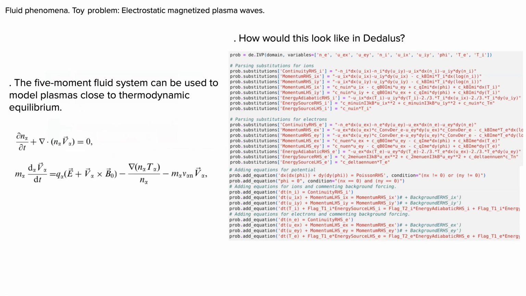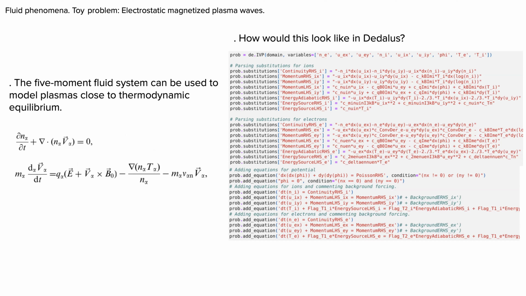We're going to model fluid things. In this case, the toy problem I chose was the 5-moment fluid system for a plasma. So these are the continuity equations and momentum equations that can be solved for both species. And actually, I should have a Poisson equation here for the electrostatic fields. So how does this look in Dedalus?